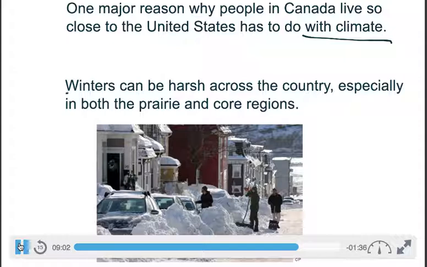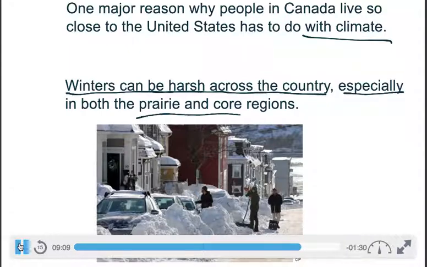So winters can be pretty harsh across the country, especially in both the prairie and the core regions. This is the area that receives the most snow, and in some cases, the coldest weather. So this is a major reason why Canadians tend to live closer to the United States. It's not that they like us more, but mainly for weather purposes.